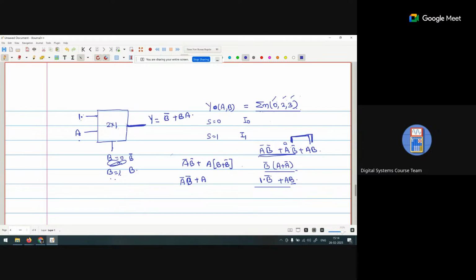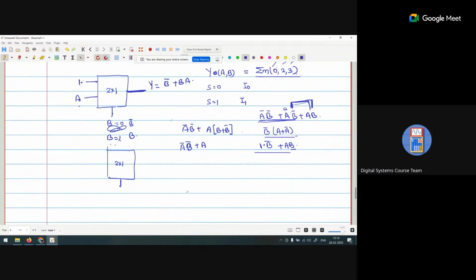Now in the second scenario, what we do, we take common from the last two terms. So again, we design a 2 cross 1 mux, one select line. Now if you see that, initially it is A bar and now A is 1. So there are two terms available where it is A bar and A is 1. So if I connect A here, when A is 0, this becomes A bar.